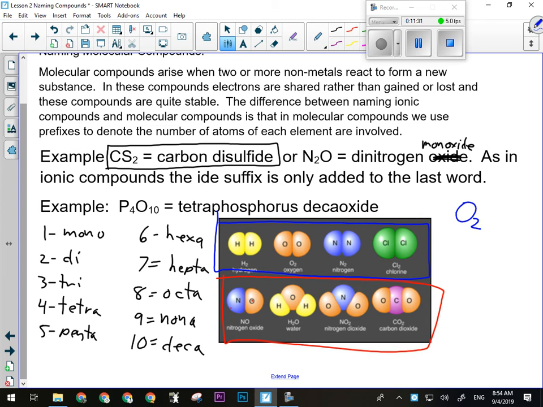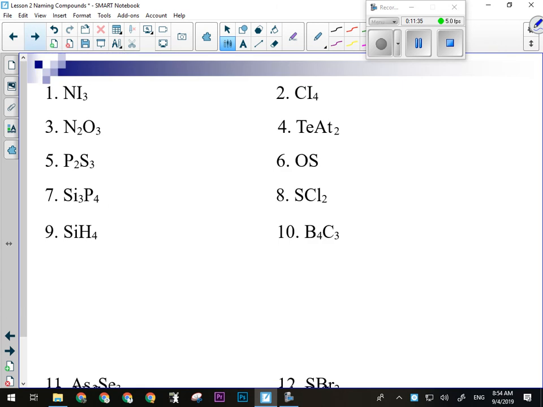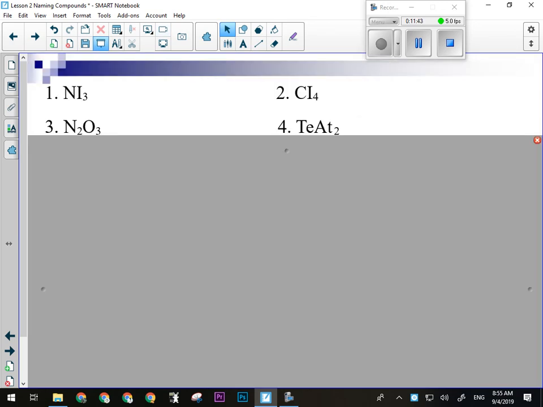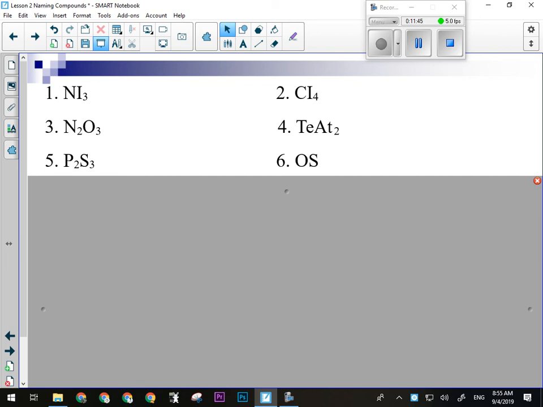Okay, everybody all right with that? So let's have you guys try naming a few of these. Actually, we'll do the first one together here. For this first one, we've got nitrogen. Same as before, the first thing I do is write the name of the first element, unchanged, and then I write the name of the second one with an "-ide" ending.